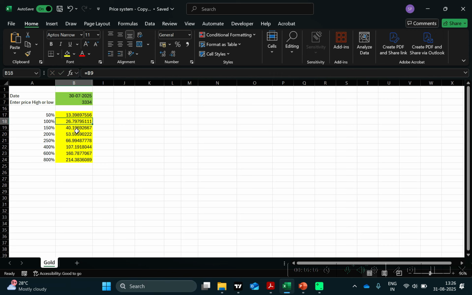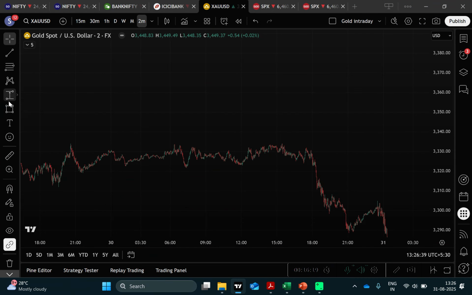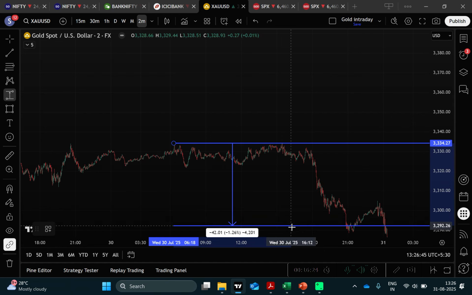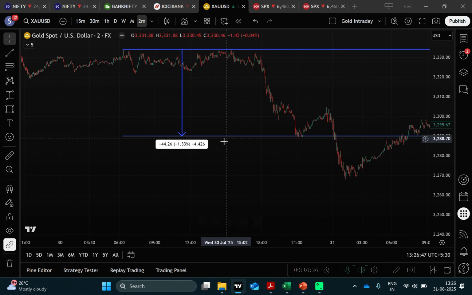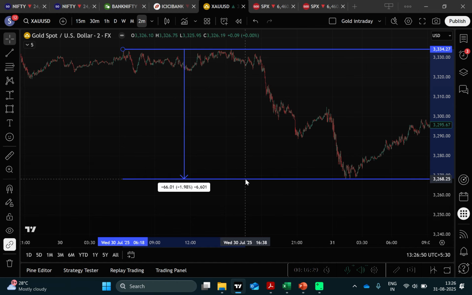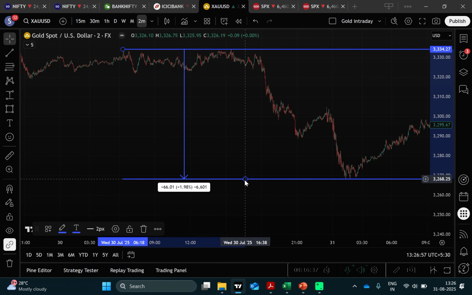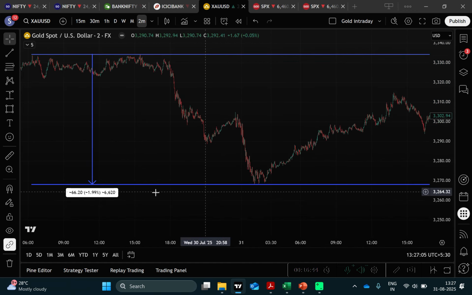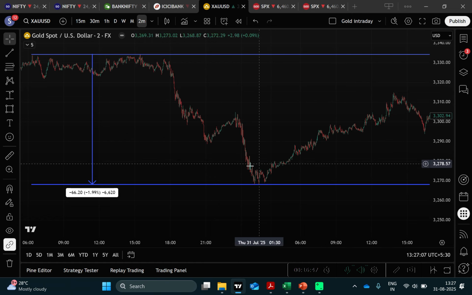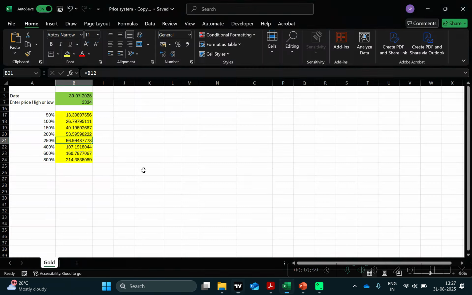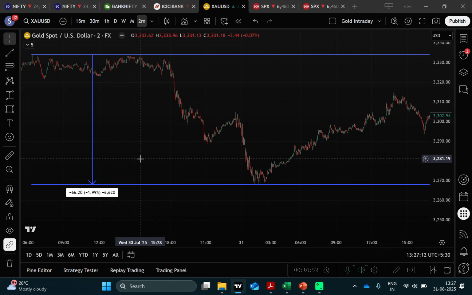My range is 26, 40, 53. 43, 53, and then 66. 250% is 67. And we got this right on the head. 66 we got. It missed by 1 point, which is very good, right? Very nice.